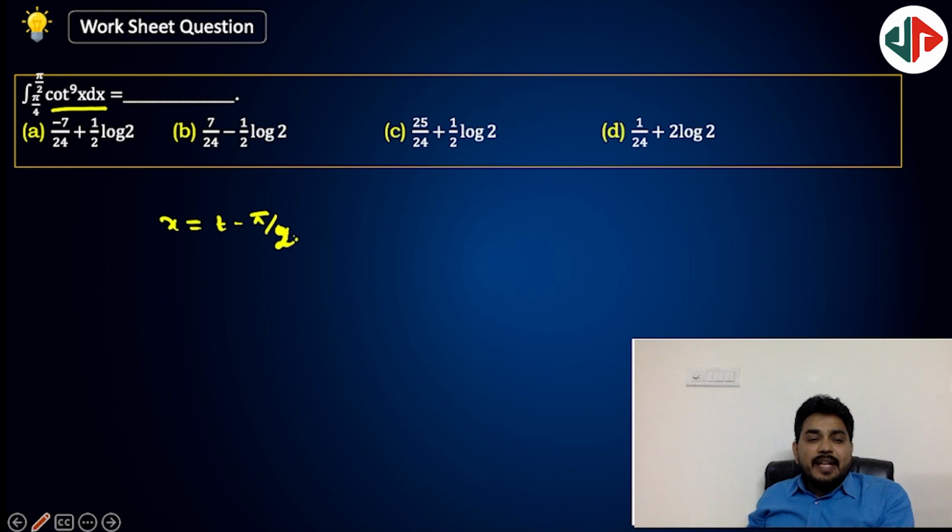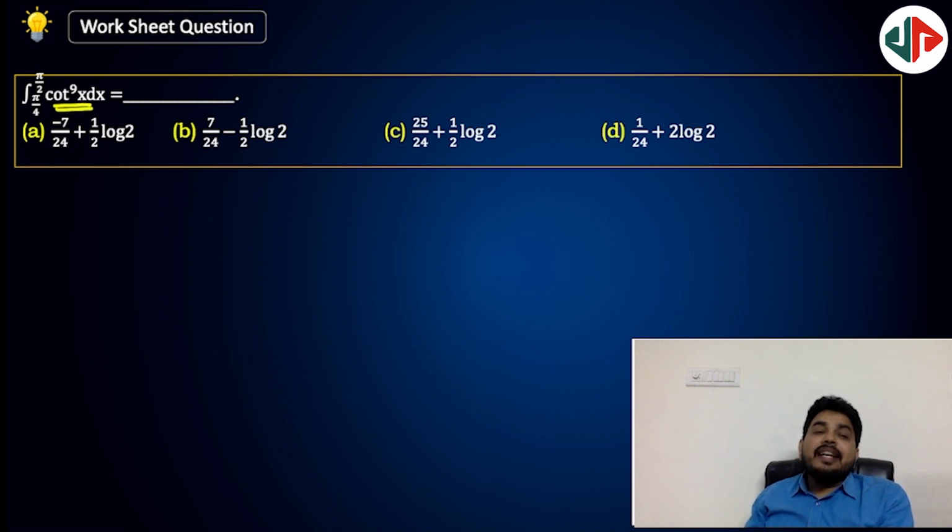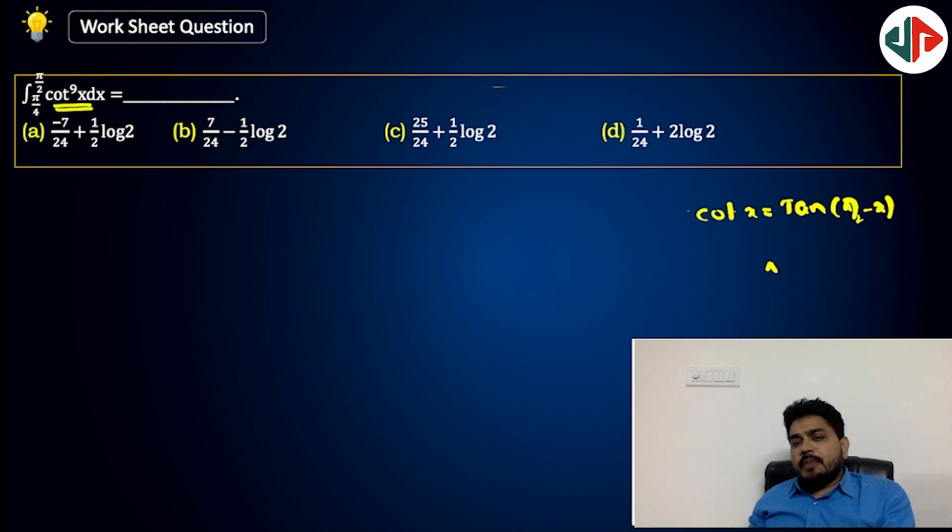Okay, see, my intention is I want to write in terms of successive reduction only, in terms of tan instead of cot. So cot x is equal to tan of pi by 2 minus x. So pi by 2 minus x is equal to t, so dx is equal to minus dt.